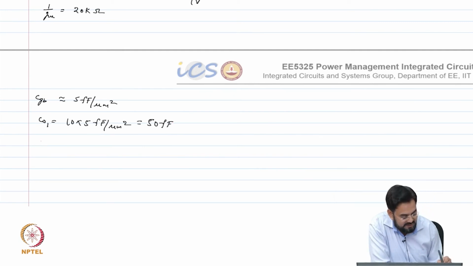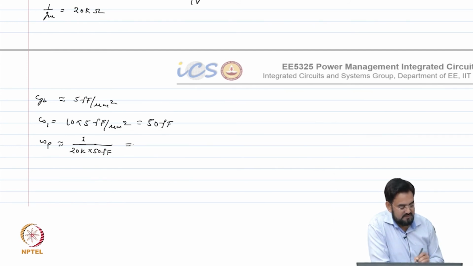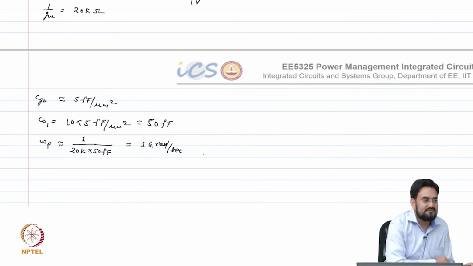So, where is the pole? Omega P1 is approximately at 1 over 20K multiplied by 50 femtofarad, 1 giga radian per second, okay, which is very high.